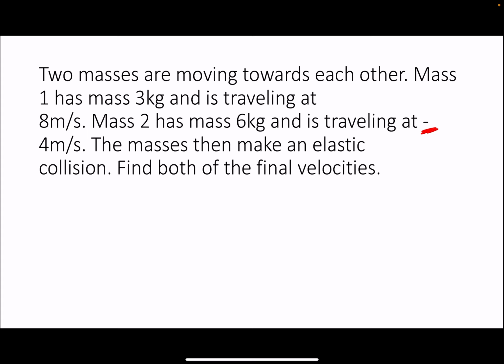Beforehand, if we just had momentum, we would know that m1 v1 naught plus m2 v2 naught is equal to m1 v1 final plus m2 v2 final. This is still true, so let's solve this equation by plugging in. Our two masses are 3 and 6.